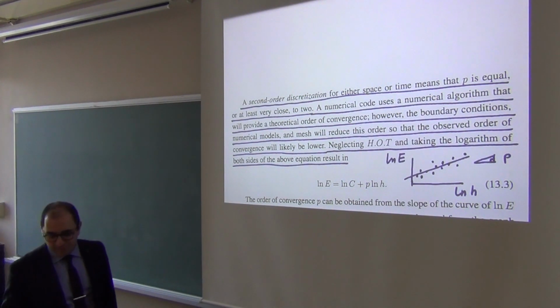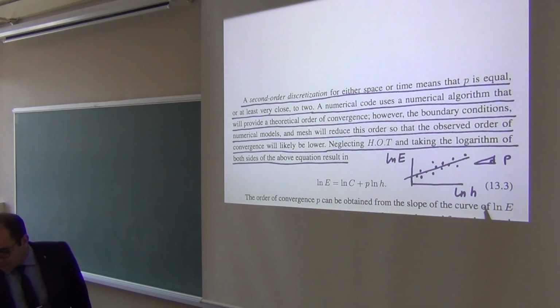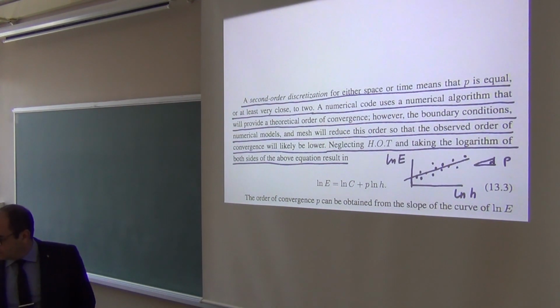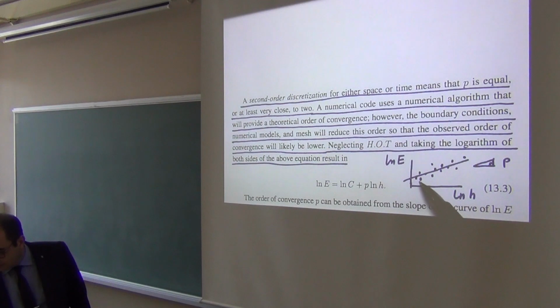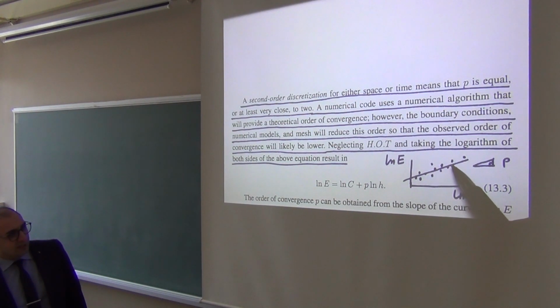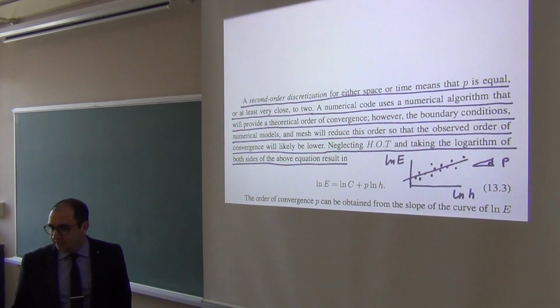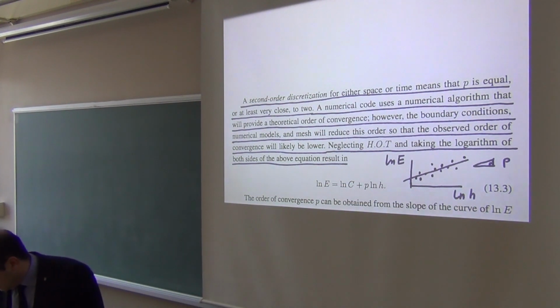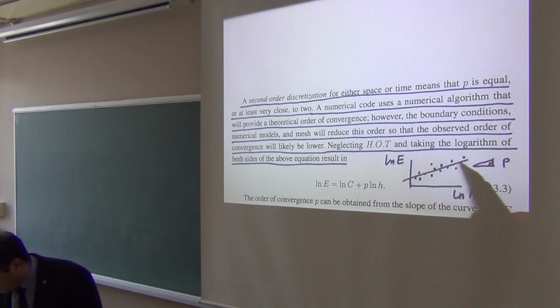Using numerical experiments. That means every time you have to change the discretization and rerun the model, you get one point. Coarsen it, run it again, you get another error. Coarsen it, run it again, you get another error, right? So every point is the entire solution obtained by coarsening or refining the grid.